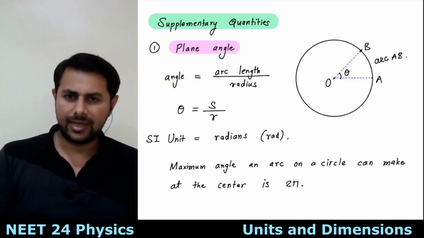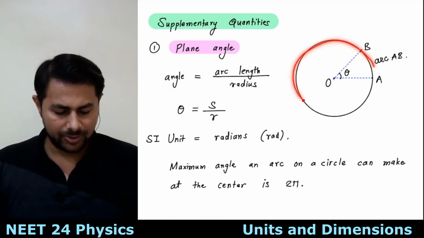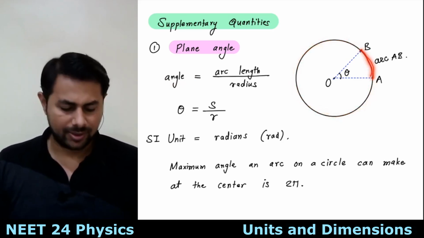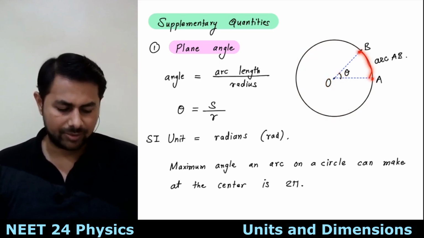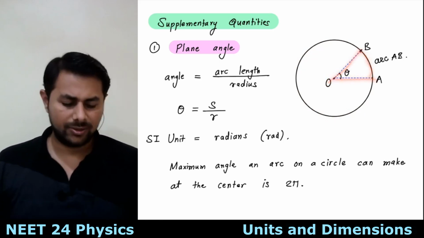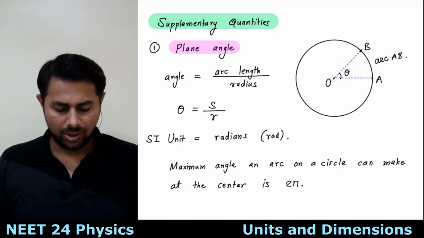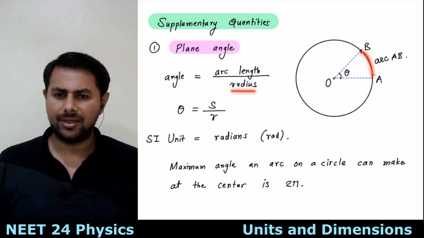So there is the SI system of units. In the SI system of units, suppose this is a circle and this much arc of the circle makes an angle theta at the center, right? That means if you join the end points of this arc at the center, you get this angle theta. So this angle is measured as the length of this arc divided by the radius.